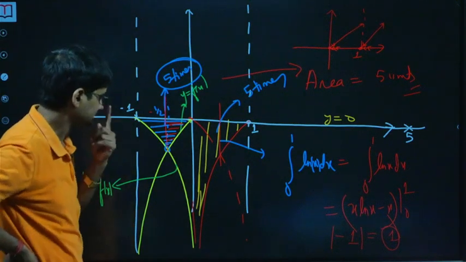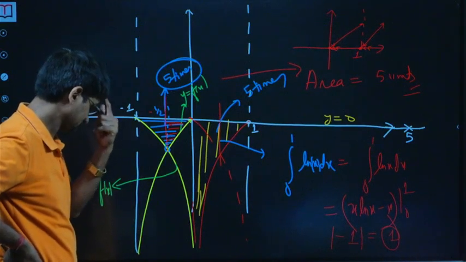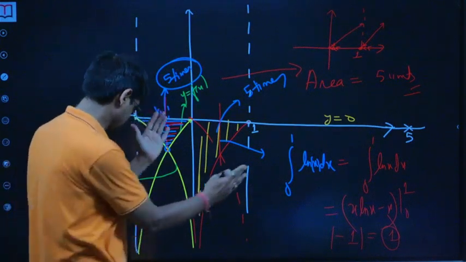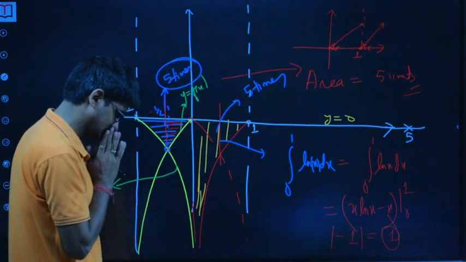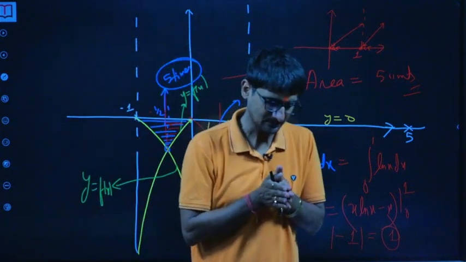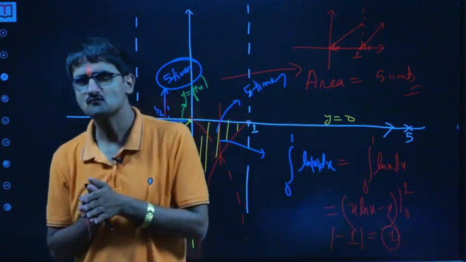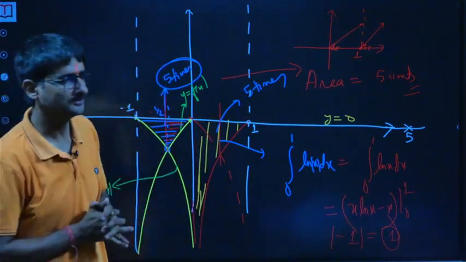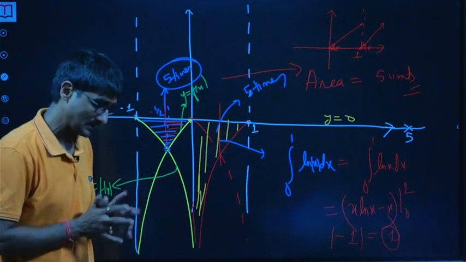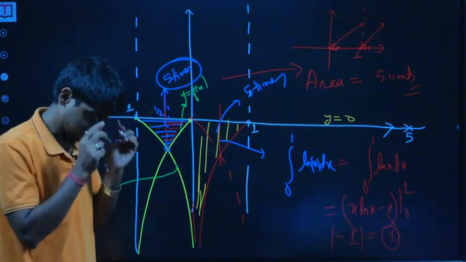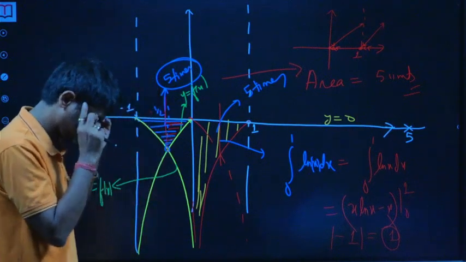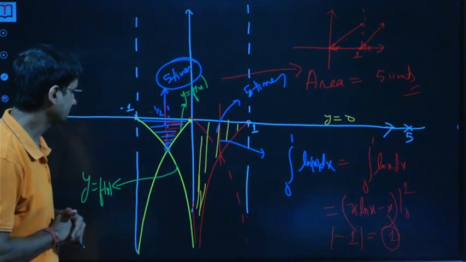It's 5. So won't that be symmetric? I think it should be, because we just took the mirror image. And in any case, see, ln mod x and ln x, mod x, ln minus x, x negative. There shouldn't be any difference, no?